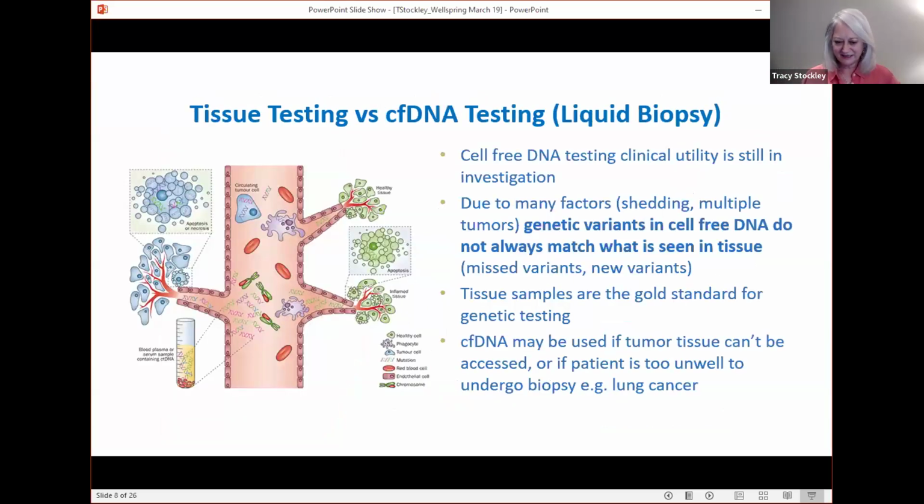I know in the first couple of seminars, there were a number of questions about cell-free DNA testing, so I wanted to touch on that and how it differs from tissue testing. Cell-free DNA testing, or what's called a liquid biopsy, takes advantage of a very interesting phenomenon.